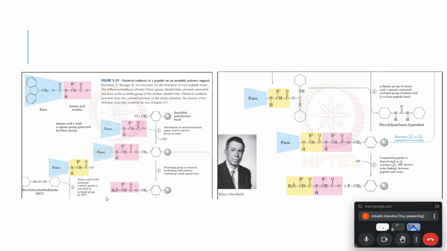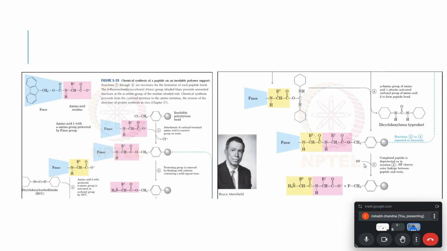After the amino acid is added, the second amino acid is added after this. So this yellow one is the second amino acid. When it is added, dicyclohexylcarbodiimide is released as a dicyclohexylurea byproduct.